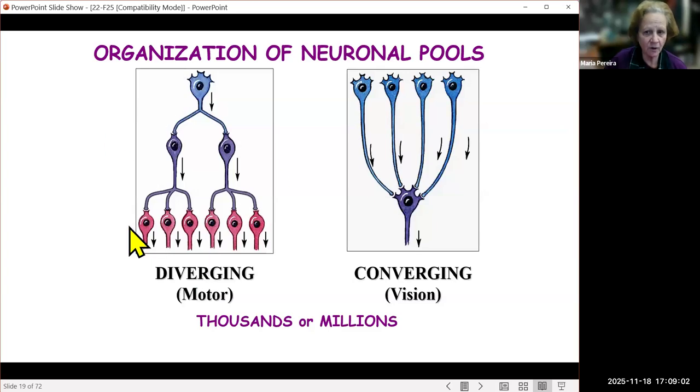This type of neuronal network is an example in motor neurons. The idea here is that one neuron can control the action potential of many neurons that will affect different muscle fibers. So you have one neuron controlling different muscle fibers.